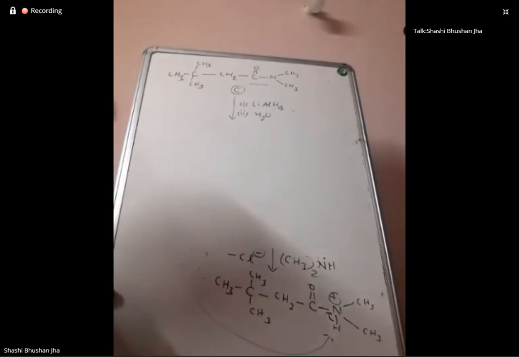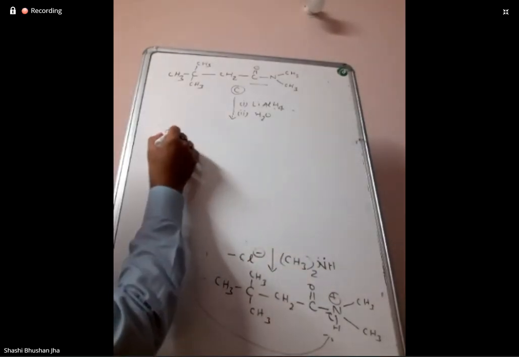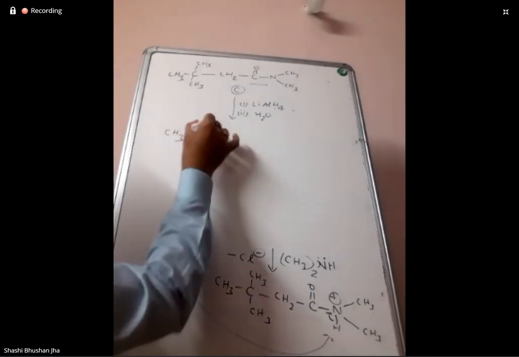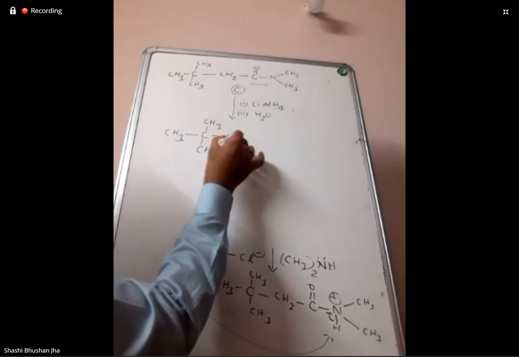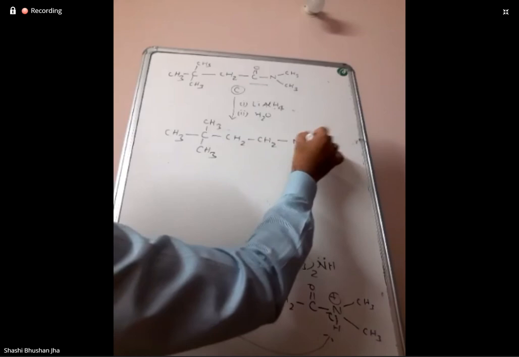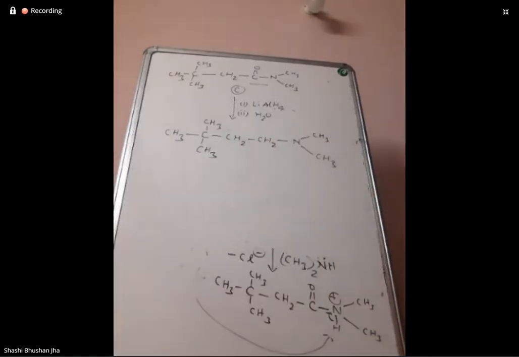When amides are reduced with lithium aluminum hydride, the product is amine. You won't get alcohol. This is the product. So this is the final product.